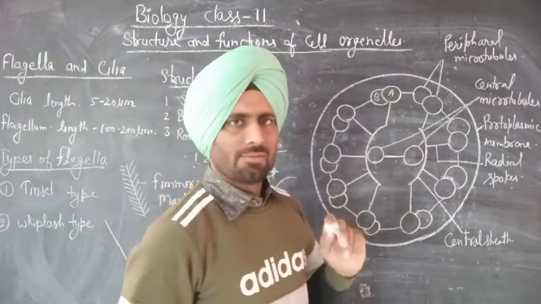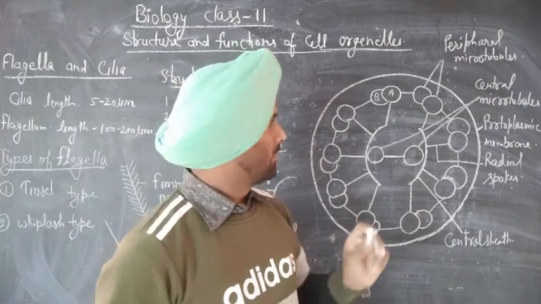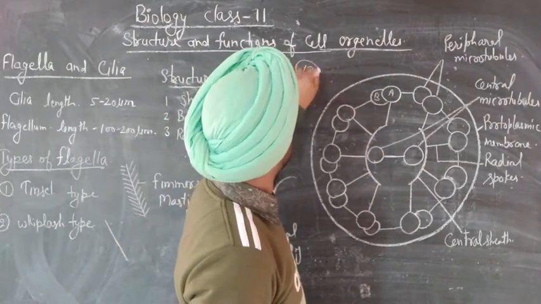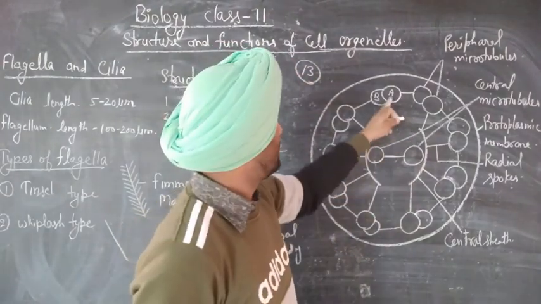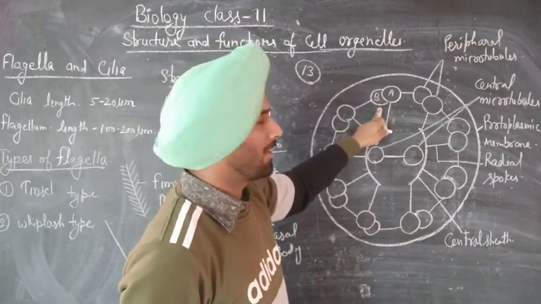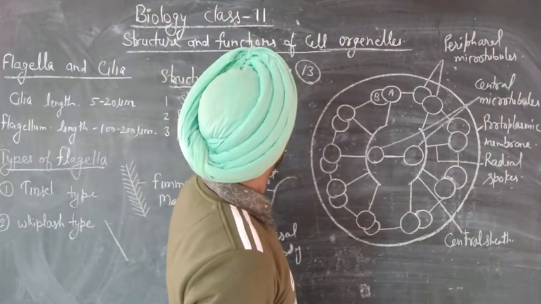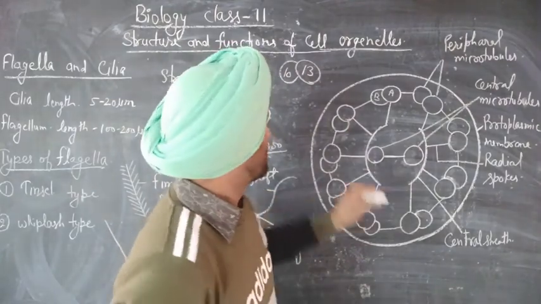The A microtubule is complete and made up of 13 protofilaments, but the B microtubule is incomplete and made up of 10 protofilaments.